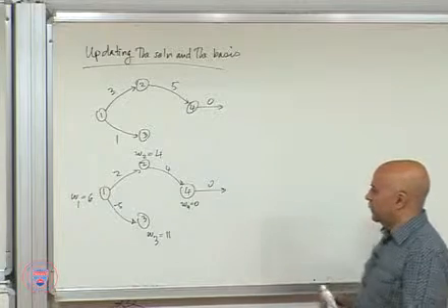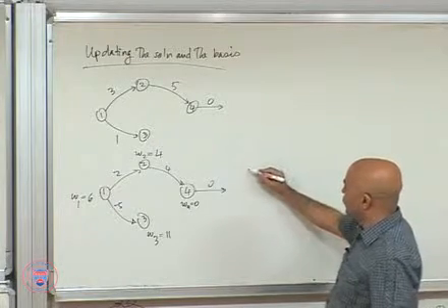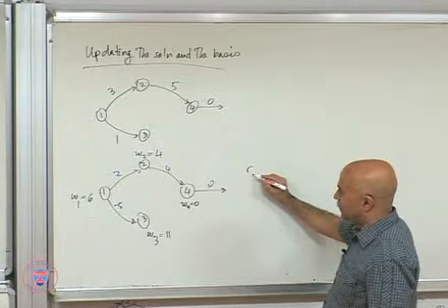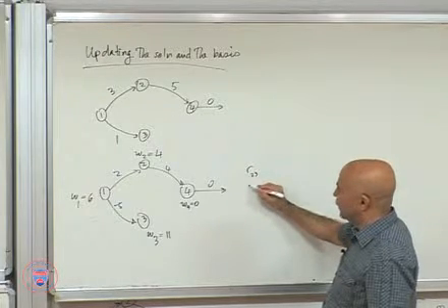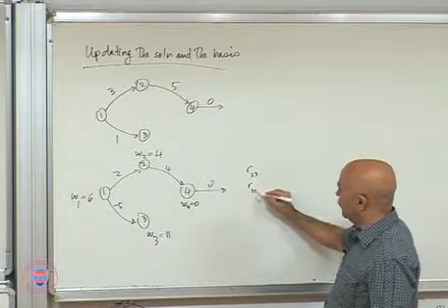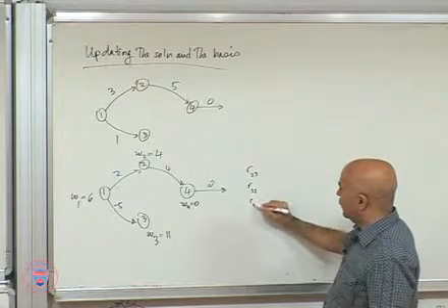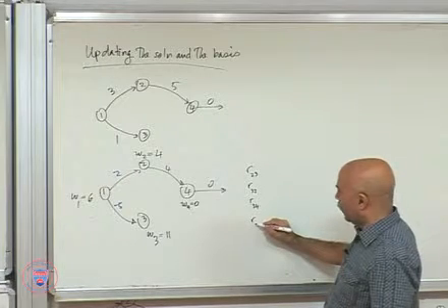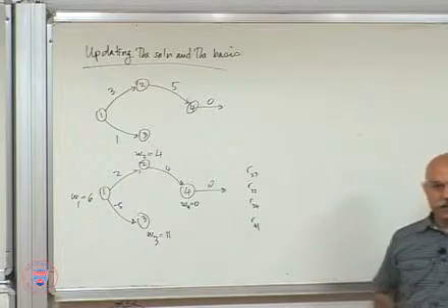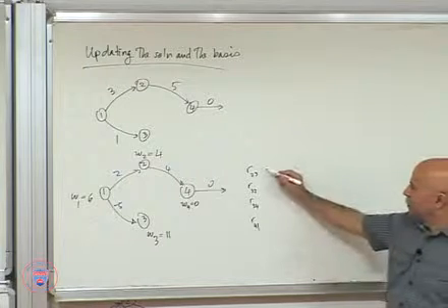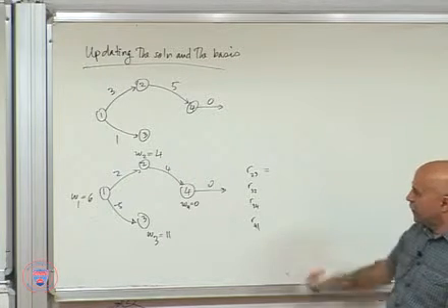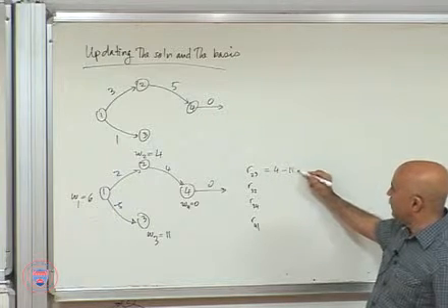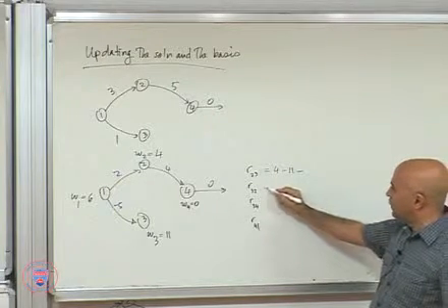Then compute the reduced costs: R23, R32, R34, and R41. These are the ones I need to compute. R23 will be 4 minus 11 minus the cost of that.